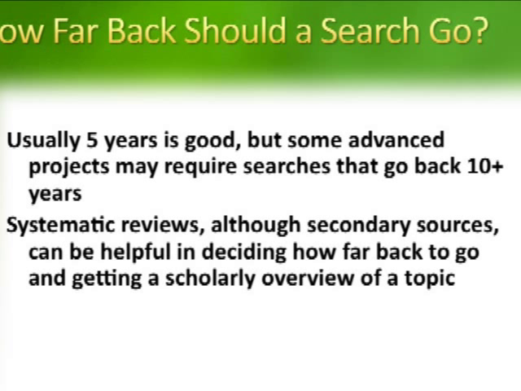Systematic reviews, although secondary sources, can be helpful in deciding how far back to go in getting a scholarly overview of a topic. Sometimes it's helpful to look at the reference page because it will tell you the publication dates of all the articles that they use to develop their research or their systematic review.